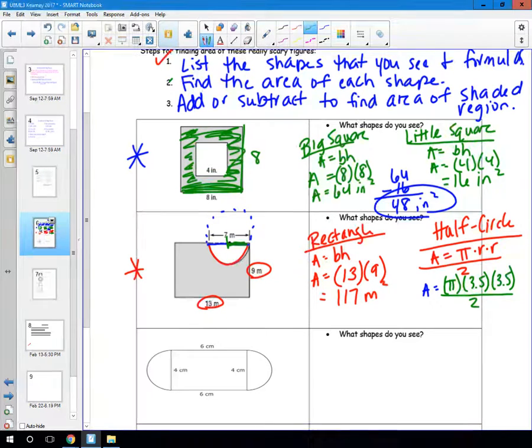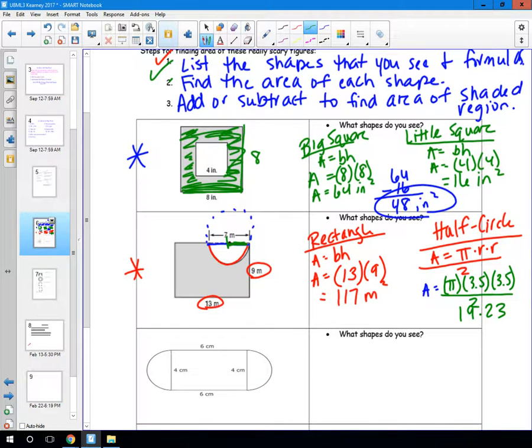So I can put that in my calculator. So grab your calculator and punch in 3.14 times 3.5 times 3.5. And then we have to divide by 2 because it's half of a circle. And I get approximately 19.23.